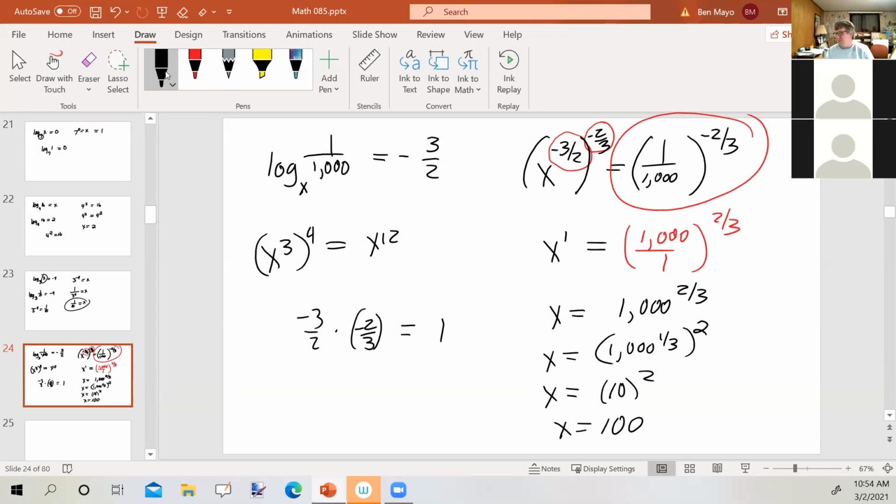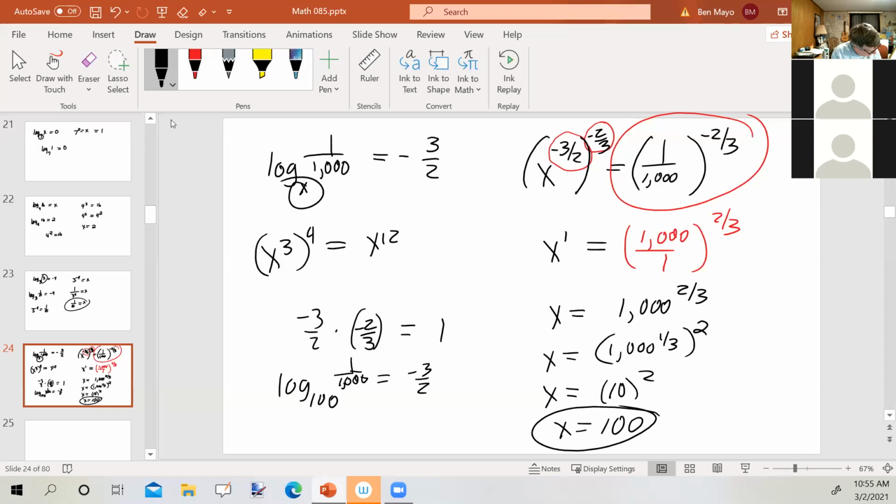So that kind of took us back to chapter 5 and chapter 9, I think it is. So basically, log base 100 of 1,000th equals -3/2. But x is 100. Any questions about that problem? That one got kind of complicated, I know.